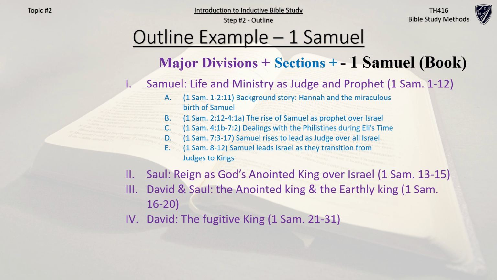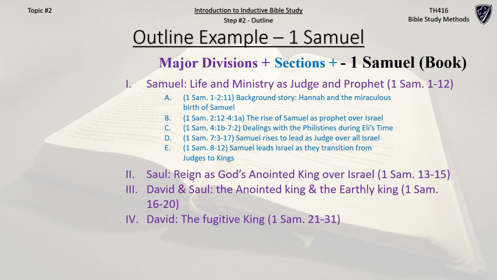getting too detailed. I love outlining, and so in my outlines, I've got 7 different levels at times, in really complicated books, really big books that are complicated, but I don't recommend getting too detailed. You don't need to go down to individual verses most of the time unless it's very significant, like it was in chapter 2 verse 11, but most of the time you're going to stick with the segment level and not the subsegment level, and that will help you not spend too much time on this.